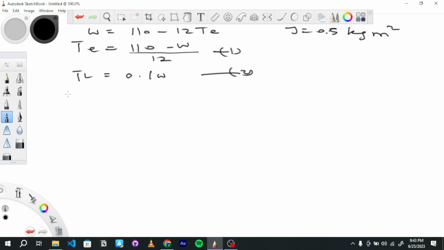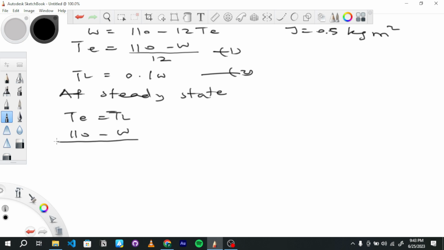We know that at steady state, TE is equal to TL. So TE is 110 minus omega over 12, and this is equal to TL, which is 0.1 omega. So solve for omega.